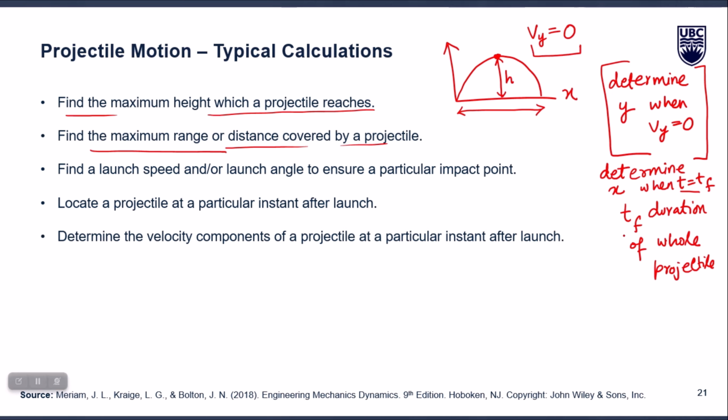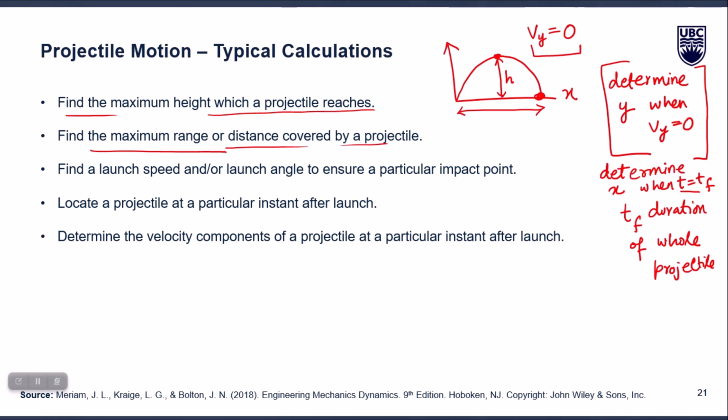Now how to determine t sub f? T sub f will be the time when y is 0, right? Because at t sub f your projectile is here, so y again became 0, right? So if y is given to you as a function of time, put it equal to 0 to get t, and that t is your whole duration for which the projectile moved.